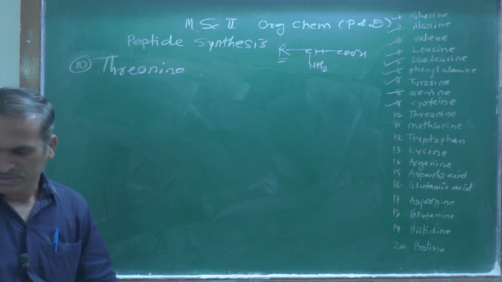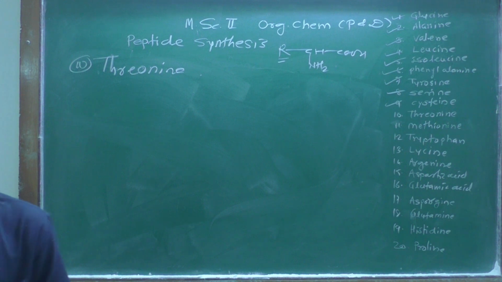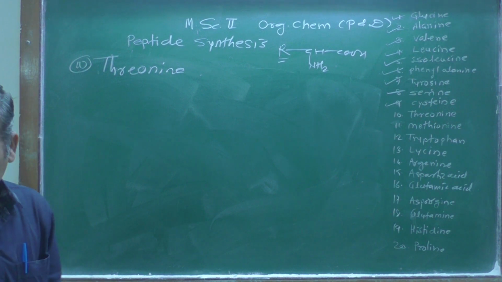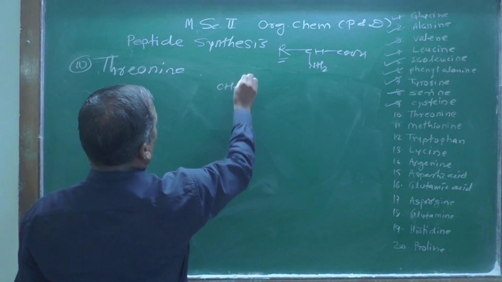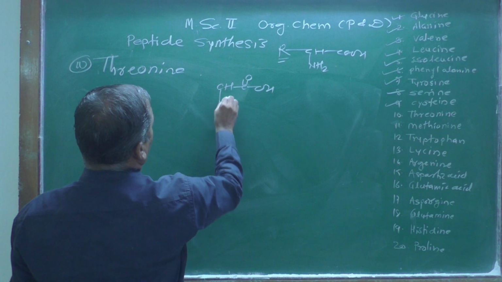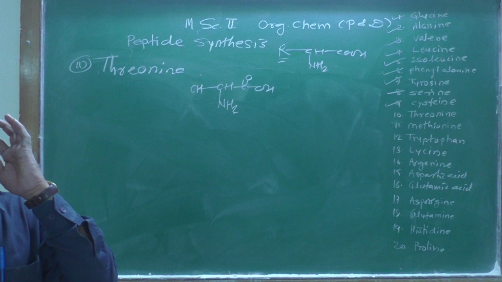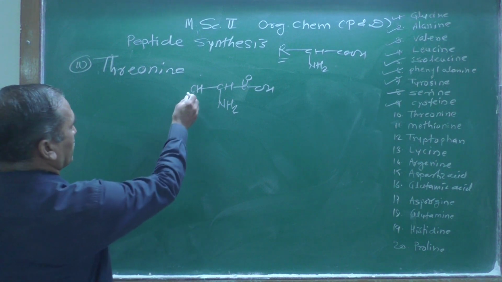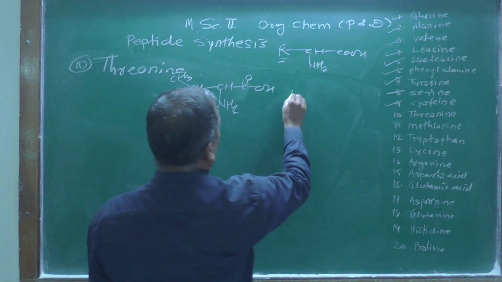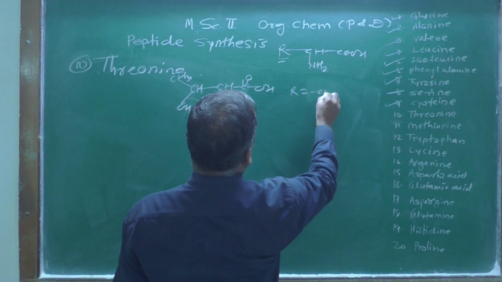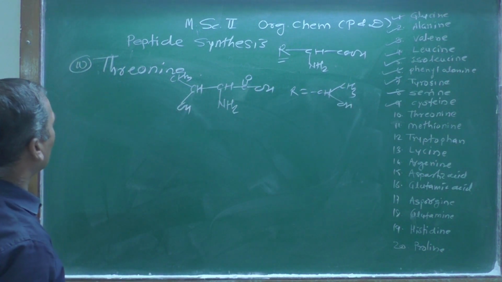The structure of threonine: this part remains as it is, CH, C double bond O, OH, and NH2. Here CH, on one side there is a CH3 and OH, where R is CH, then CH3OH. This is known as threonine.